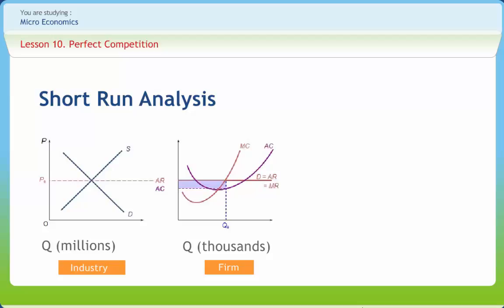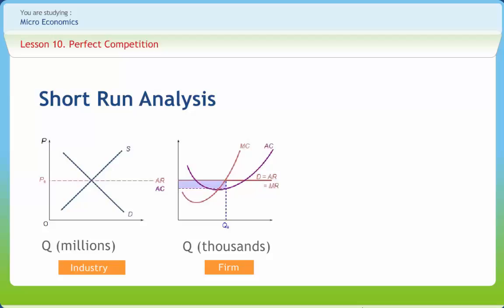Thus, the best level of output of the firm in the short run is the one at which the firm maximizes profits or minimizes losses. This is possible when the marginal revenue MR of the firm equals its short-run marginal cost MC. As long as MR exceeds MC, it pays for the firm to expand output because by doing so, the firm would add more to its total revenue than to its total costs.